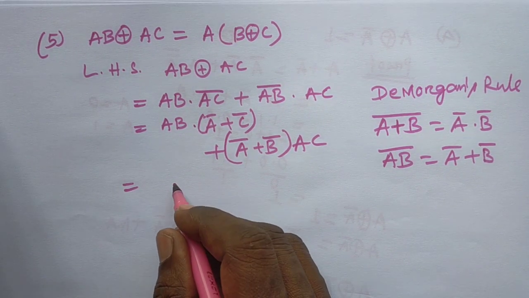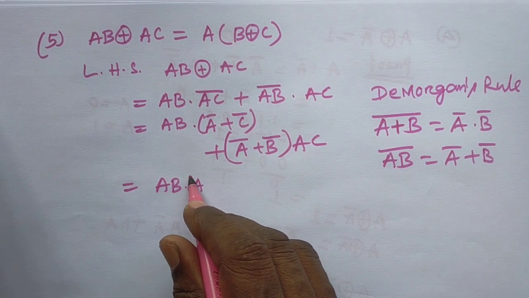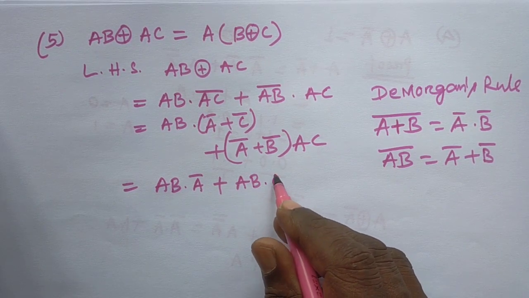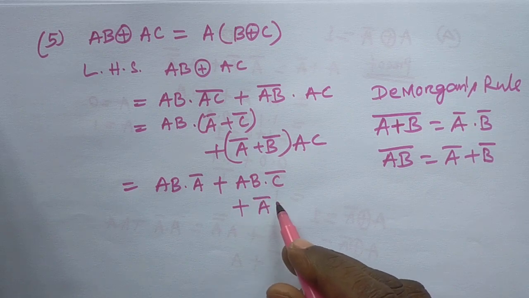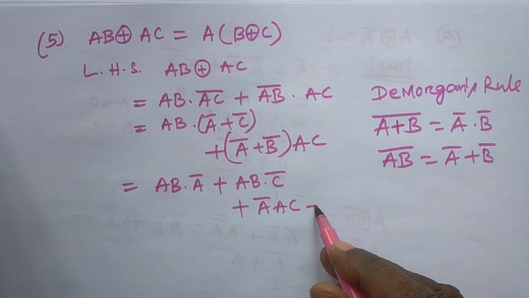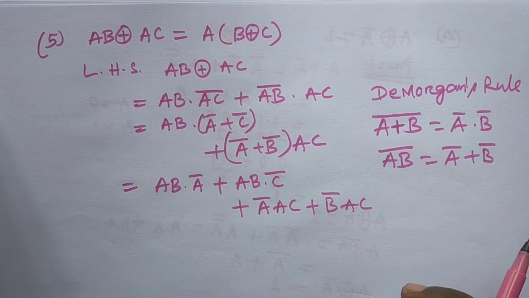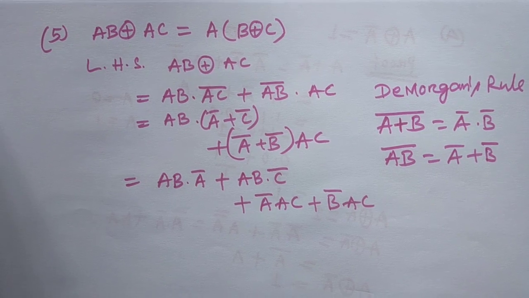Now see, we multiply AB dot A complement plus AB dot C complement, first case, plus A complement AC plus B complement AC. We also apply it in this way.